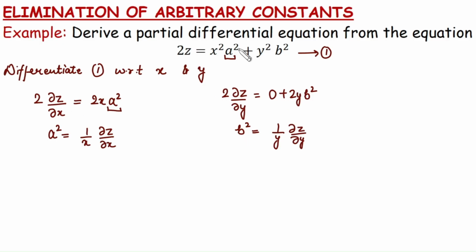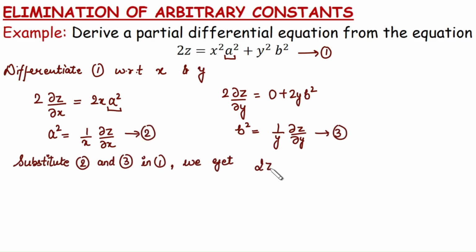Substitute these values back into equation number 1. 2 times z is equal to x square times a square, where a square is 1 by x times the partial derivative of z with respect to x, plus y square times b square, where b square is 1 by y times the partial derivative of z with respect to y.